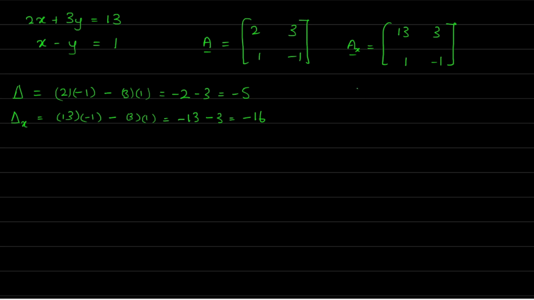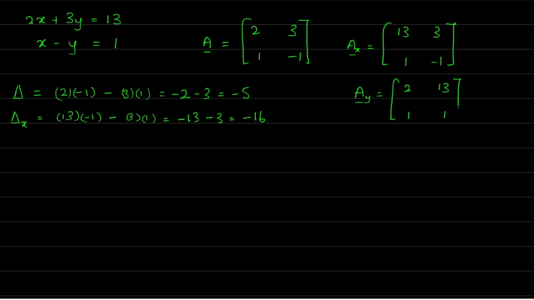Next, we write down Ay. So this matrix is just A with the y coefficient column, 3 and minus 1, replaced by the constants 13 and 1. So we have 2, that's unchanged. And instead of 3, we are going to have 13, and 1, that's unchanged. And instead of minus 1, we are going to have the constant over here, which is equal to 1.